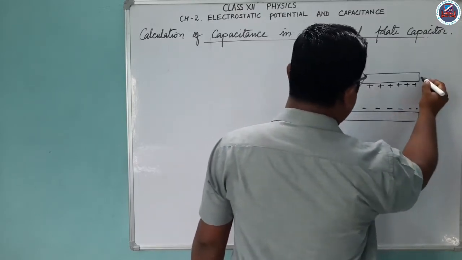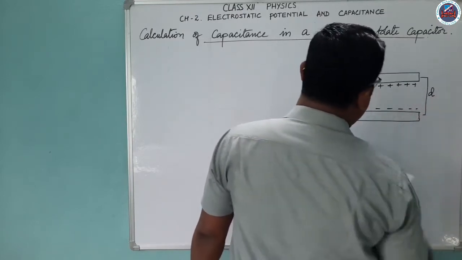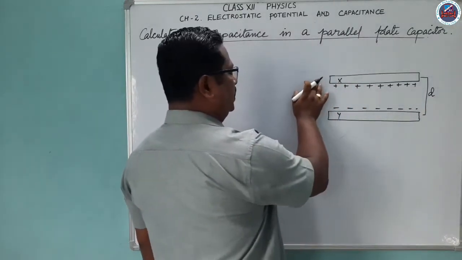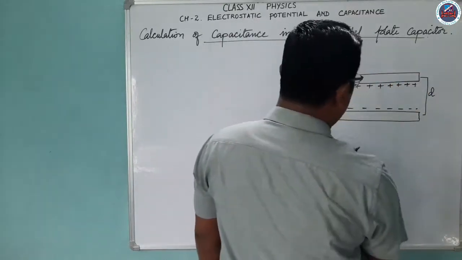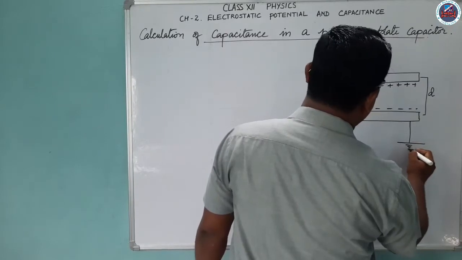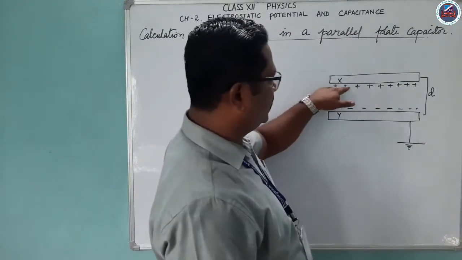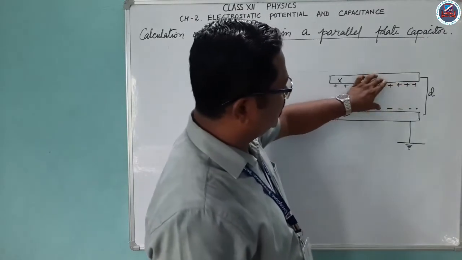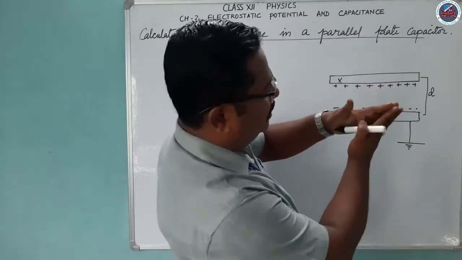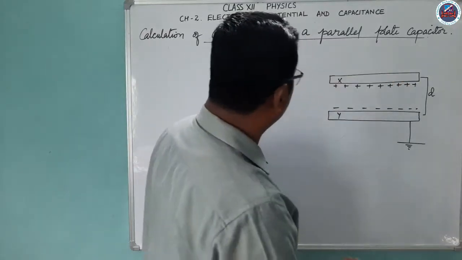The distance of separation between the plates is d. The positive plate is insulated, whereas the negative plate is earthed to the ground. Let the area of the surface facing each other be A.